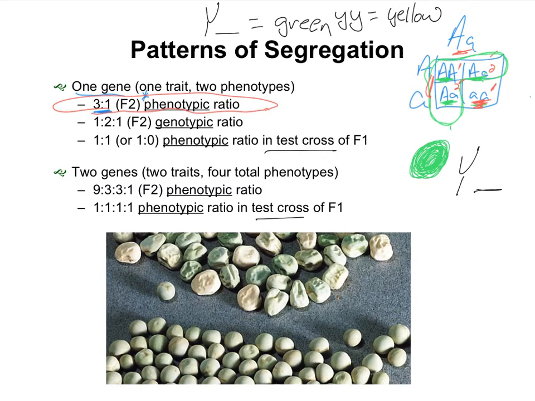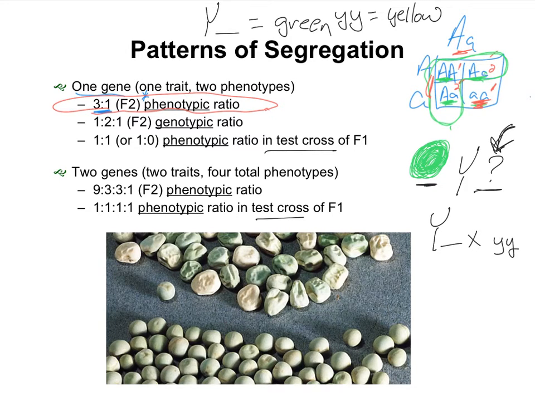How do we know? Can we tell its genotype? Not just by looking at it, but we can take that seed and cross it with something that's definitely a true breeding plant. So let's say we cross it with a yellow. What would we expect?